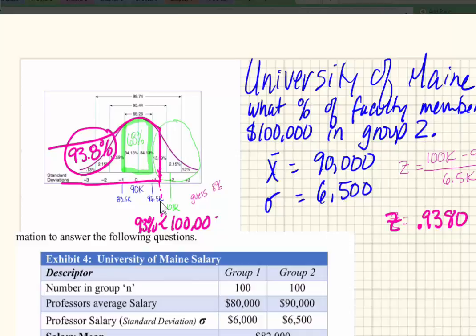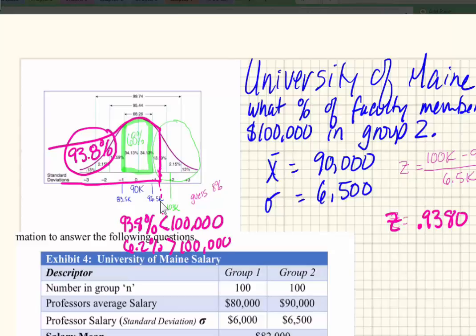But regardless, I guess maybe we should make this precise because I know it gets confusing. So we got 93.8% make less than 100,000, and then 6.2% make greater than 100,000.